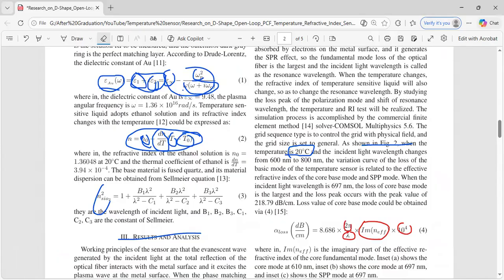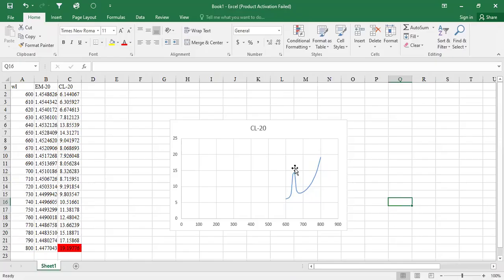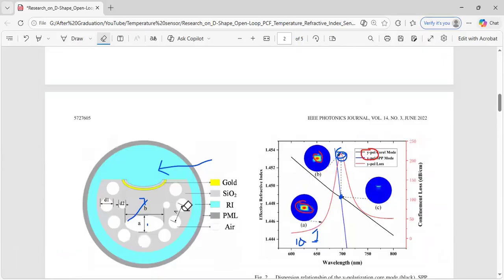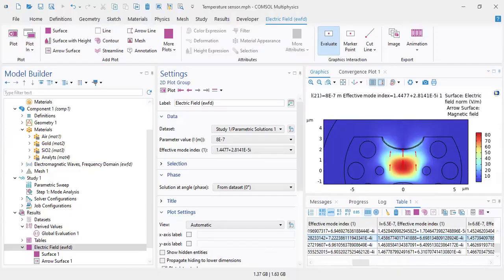So the first resonance wavelength is at 650, but it's again increasing, so we'll get another resonance wavelength. So that's the thing. I don't know why it's working like that, but yeah, it's working like that.